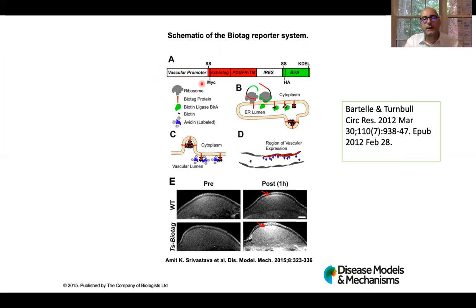or just injected it to the striatum and got general expression. But here they had actually cell-specific expression in the vascular system. They used a bacterial sequence that is called biotag, that is translated into a protein that is biotinylated.